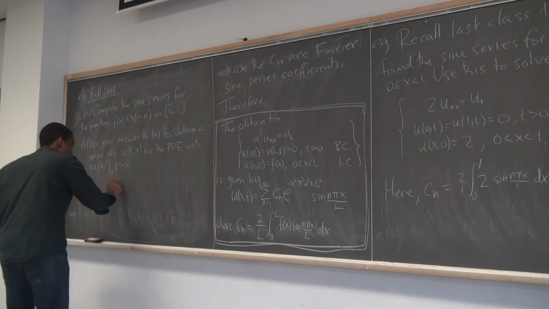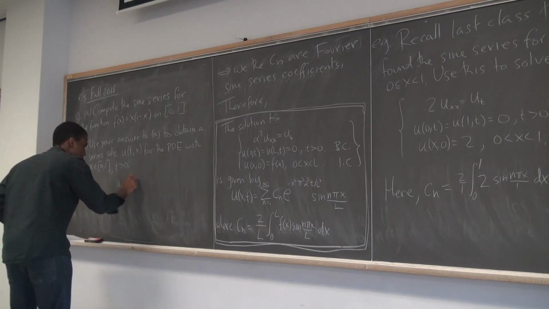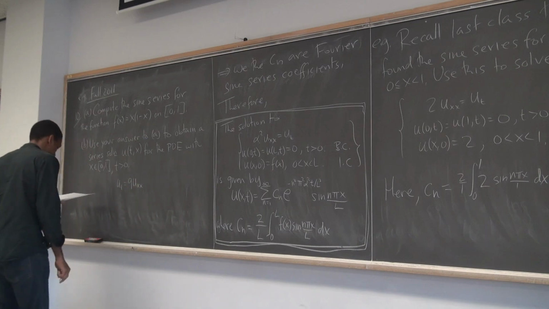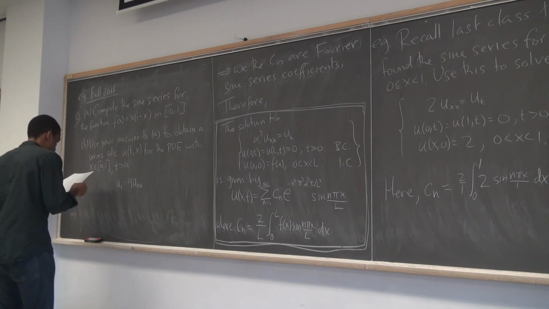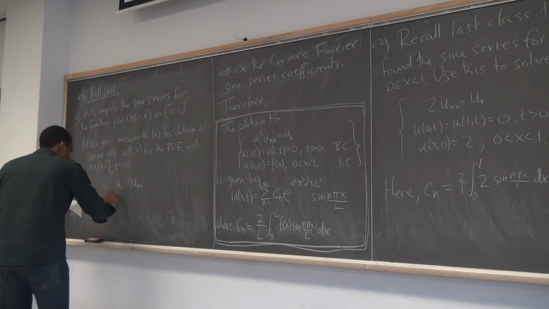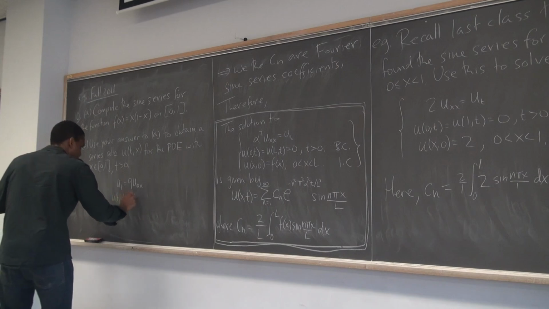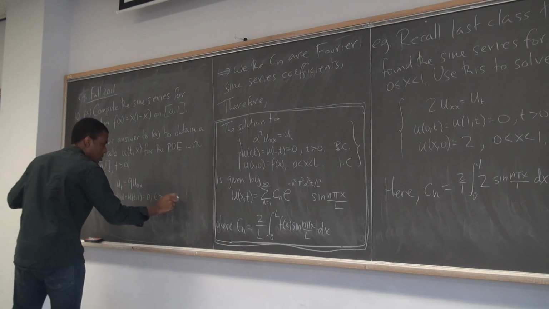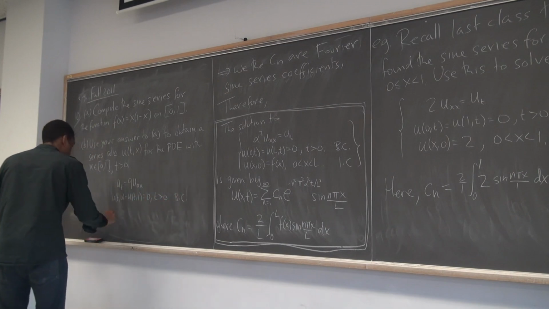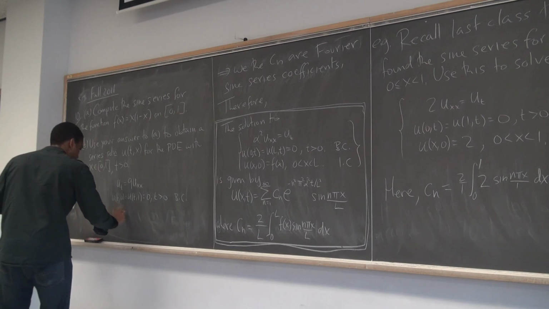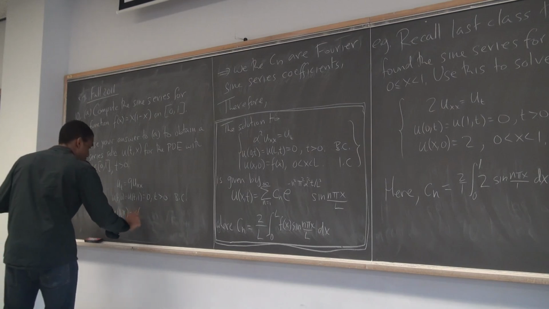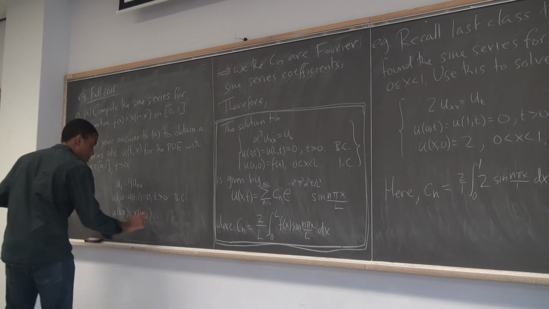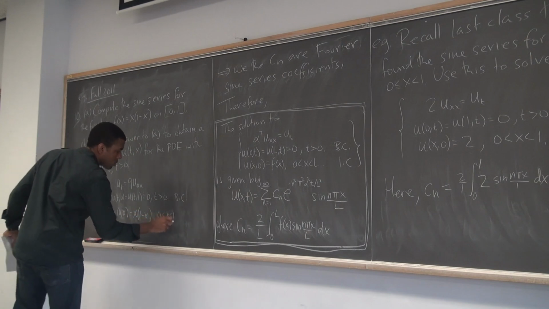And then they said here ut is equal to 9uxx, u of t, 0 equals u of t, 1 equals 0, t greater than 0. And we have u of 0, x is equal to x times 1 minus x for x between 0 and 1.